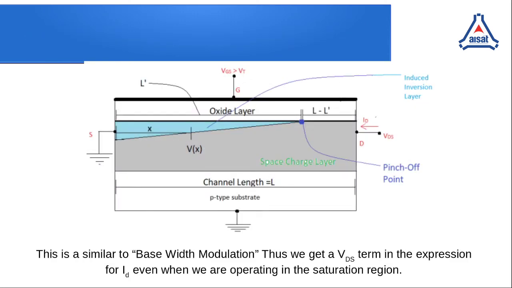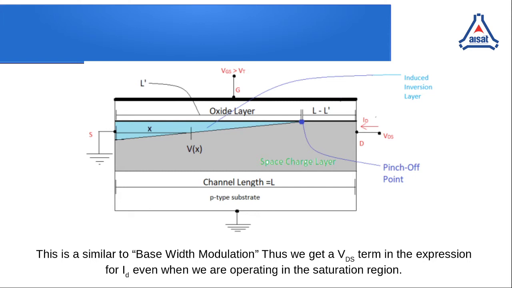This picture will give you a good idea. As you can see, the channel length is varied from L to L minus L dash. Initially, the channel length was capital L. As we increase VDS, it gets decreased to L minus L dash. If you remember the base width modulation, this is similar.